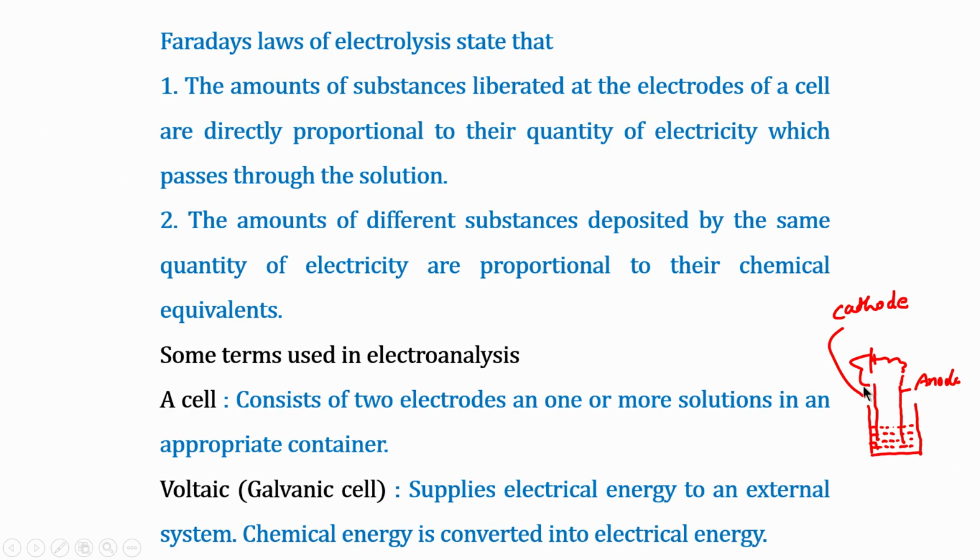From here electrons will be generated and electrons will be moving here. The energy will be stored in the battery. Such systems are called voltaic cells or galvanic cells. Basically, in all such systems, chemical energy is converted into electrical energy.